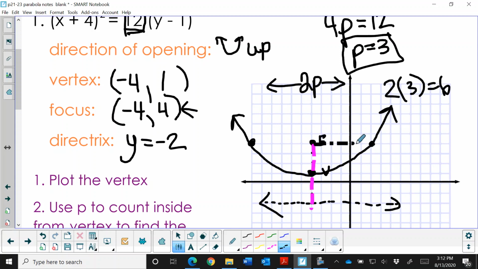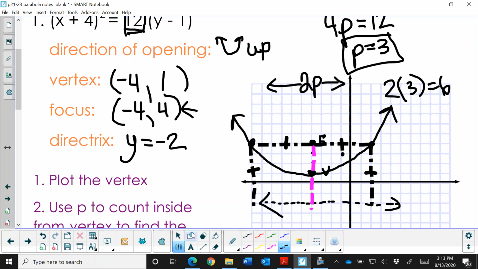So this distance from the focus to the point on the graph is equal to this distance. Those two are equal distances. Same here, this distance is the same as this perpendicular distance. Boom. So every point on this parabola is equidistant from a focus and a directrix.